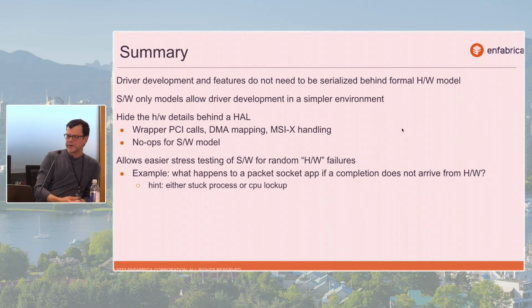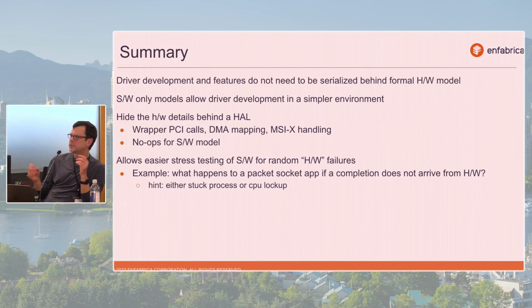All right, so in summary, we found this super convenient, a very quick way to get so much infrastructure around an Ethernet driver coded up, developed, and all the surrounding software going. And as long as you hide the hardware details behind a good HAL, the same driver works on both platforms.